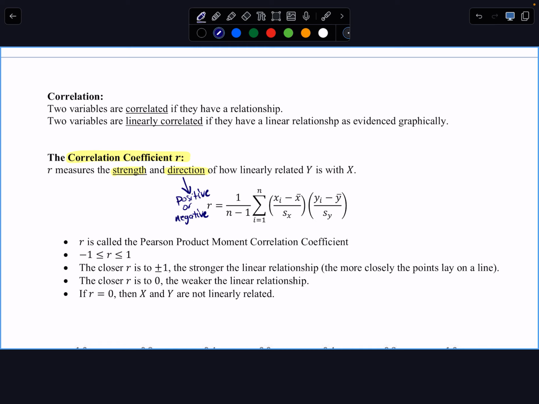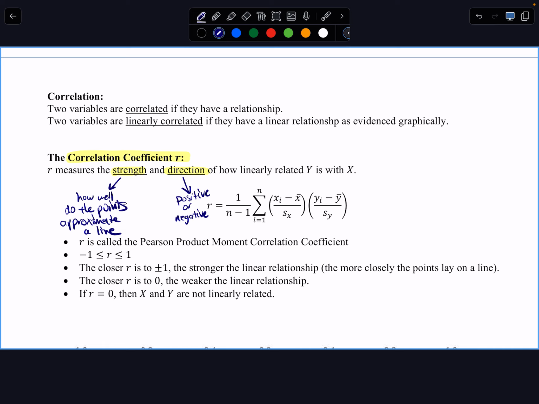Now the strength is related to how well the points approximate a line. Are all the points on an actual line if we were to draw it on our scatter plot? Are they very close to the line?